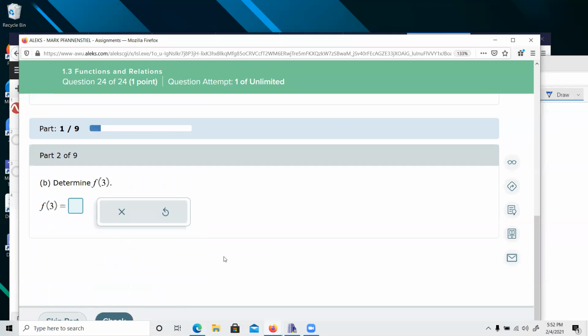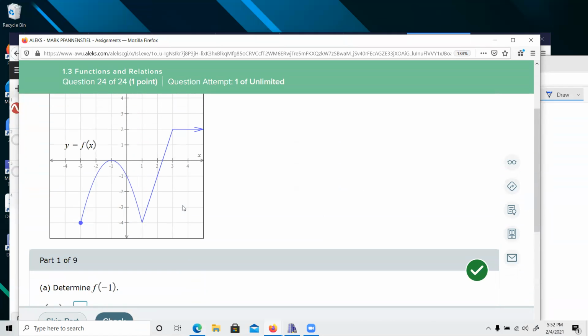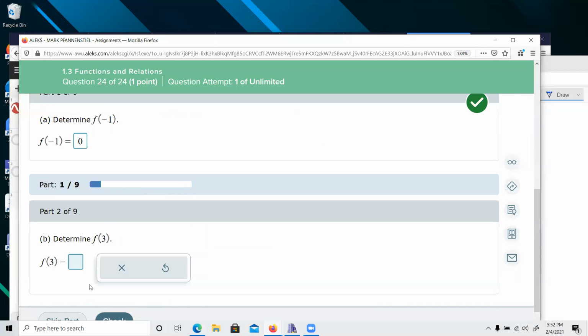I'm annoyed that they don't have a keyboard way of doing that. F of 3, same idea. We're just going to go to 3, pop the function there. Say, oh, must be 2.